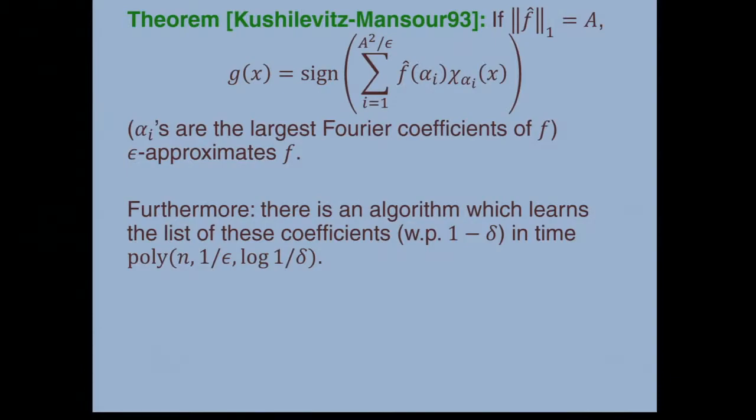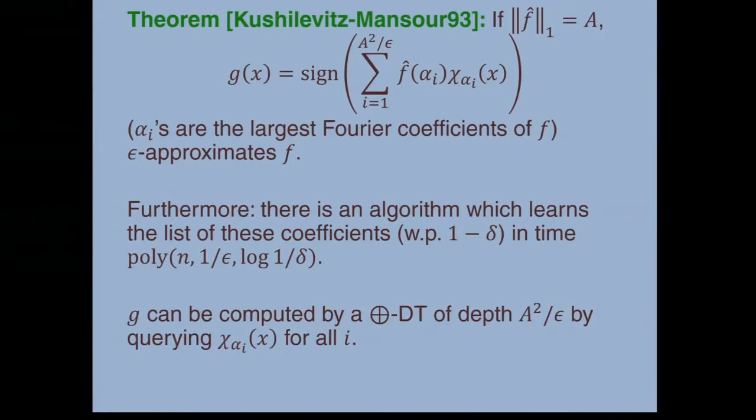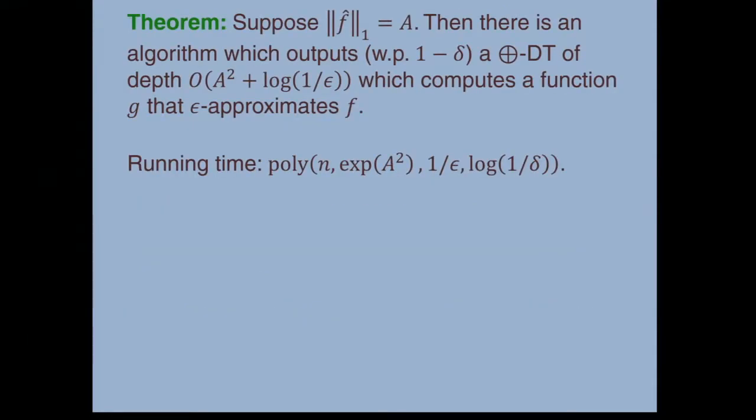But what if you insist on a parity decision tree for g? The most natural thing you can do is just query all these linear functions one by one, and you get a depth of a squared over epsilon. Essentially, without knowing anything better about g, that's the best you can do. So what we do is construct a parity decision tree.